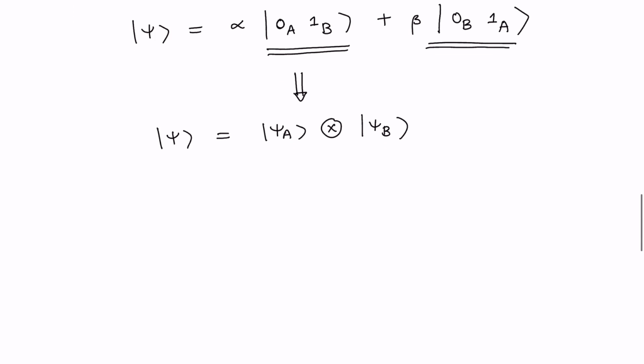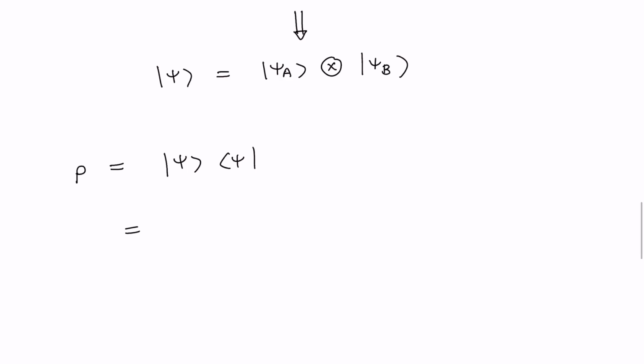Now if I want to write the density operator corresponding to this state, that is going to be rho equal to |psi><psi|. If I open it up, let me write |psi> as alpha |01> plus beta |10>. Just remember that the first qubit state belongs to system A and the second one belongs to system B, and we have already discussed it so many times, so it must be clear to all of you.